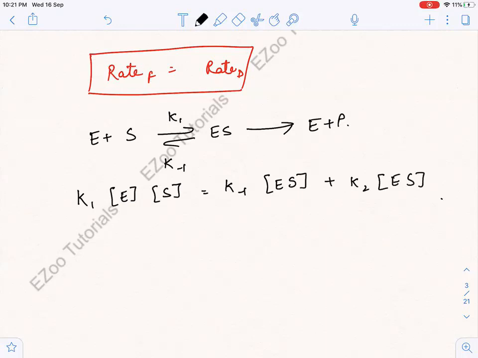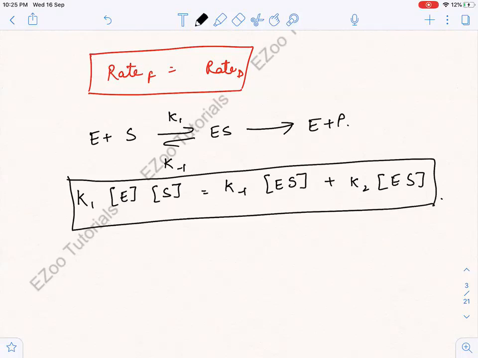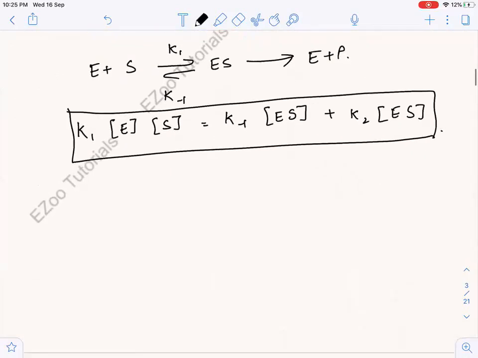Rate of formation is equal to rate of dissociation. इसमें समझ में आया हमें? Okay, so this is the rate of formation is equal to rate of dissociation. This is a very important formula. From this we'll derive this Km, that is the Michaelis constant.